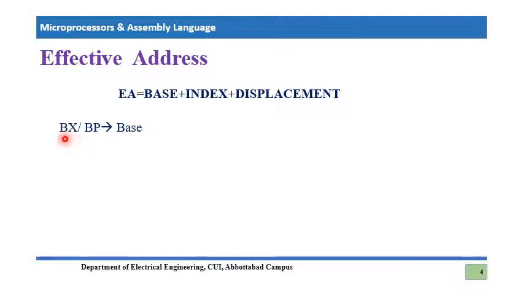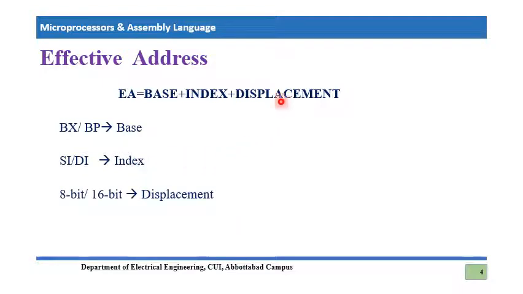So any of these two registers will provide us the content for the base part. Similarly, index is the content coming from either the source index register or the destination index register. I hope you remember these are internal registers. We covered them. So these two registers can provide the index value.